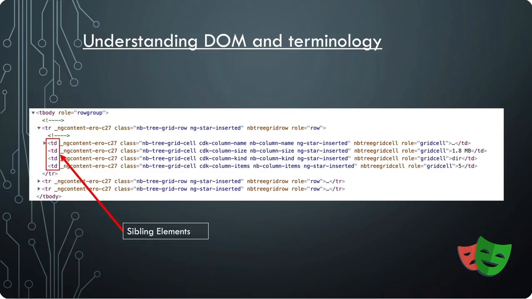Also, elements located one by one next to each other are considered sibling elements. In this particular example, we have 4 table columns that are located together, and they are sibling elements. Or another example, these 3 table rows are also considered sibling elements to one another.